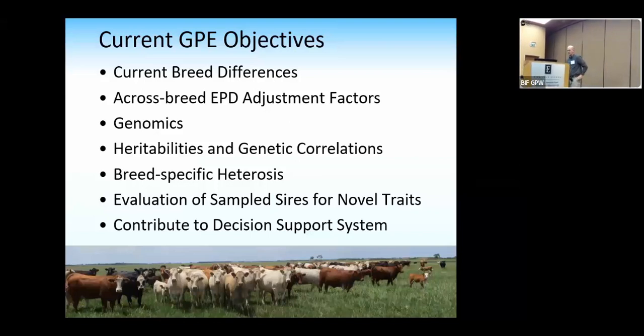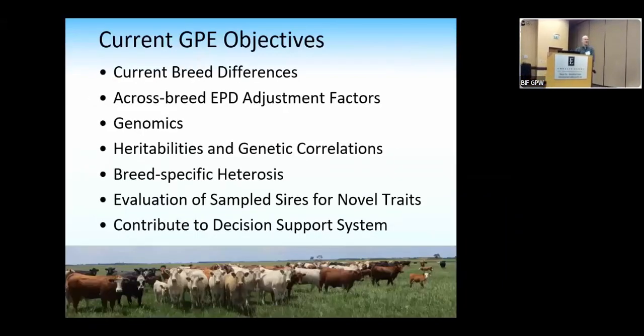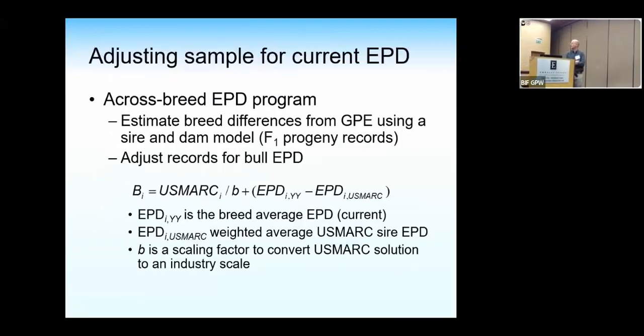Novel traits and contributing to decision support systems. But if you want to think about where we can do things that are a little more unconventional, these are research questions deep down, and of course they can impact the industry, but they're also what can we do to make sure that we can utilize this resource to make overall genetic prediction better.